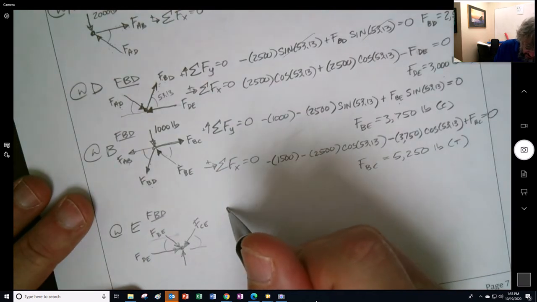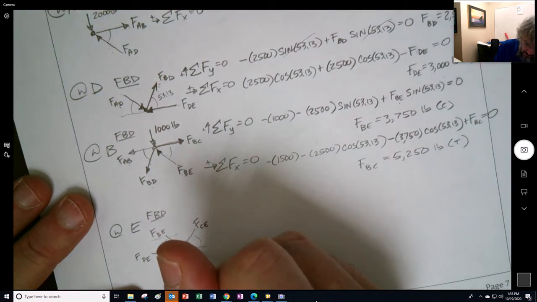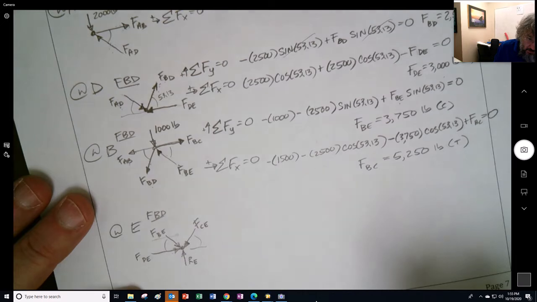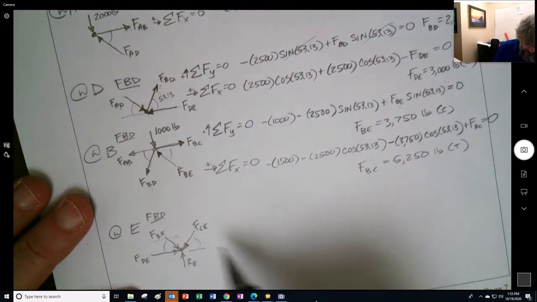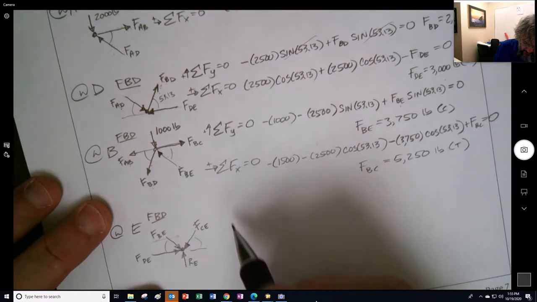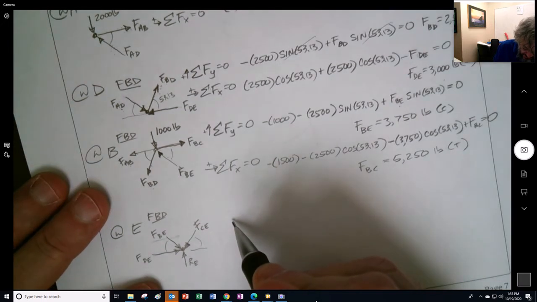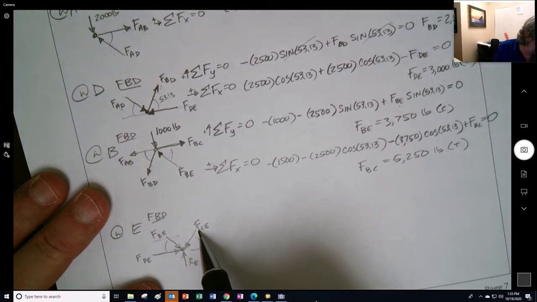Oh, and I should label this reaction as RE. I could have just put the number that's on there. That's 7,000 pounds upwards. So I think we could go in either direction here, either the sum of the forces in the x direction or the sum of the forces in the y direction, and be able to find that, right? Because we know this and we know this, so we can find that.